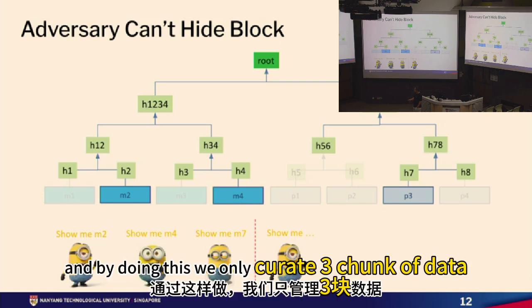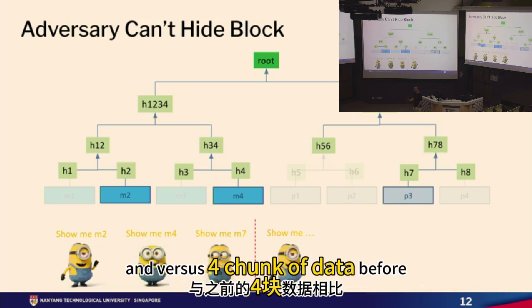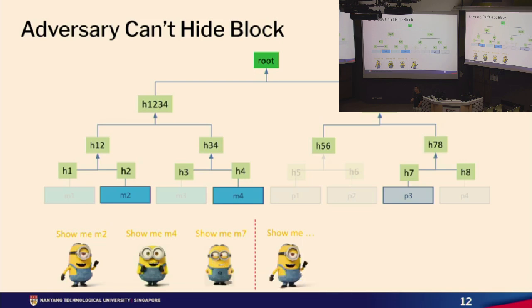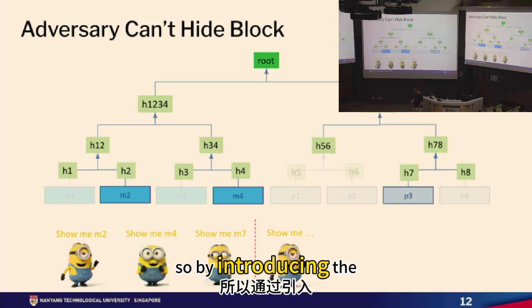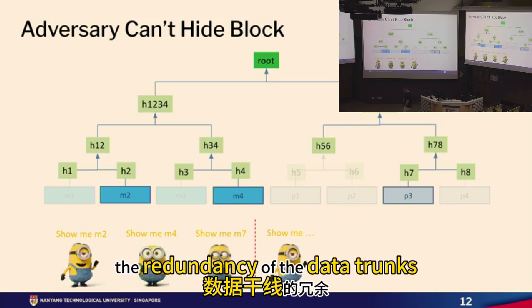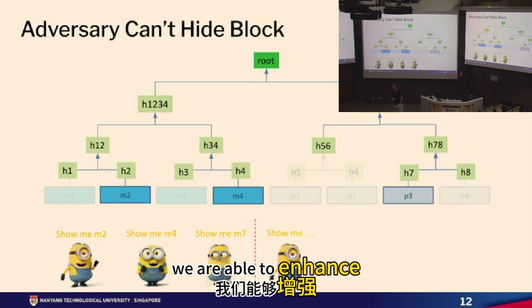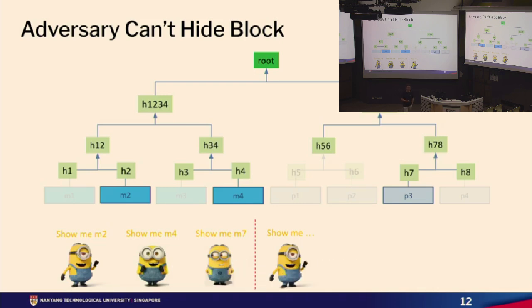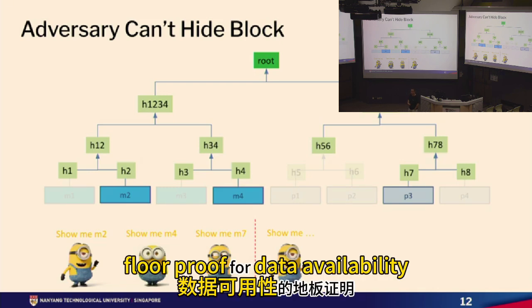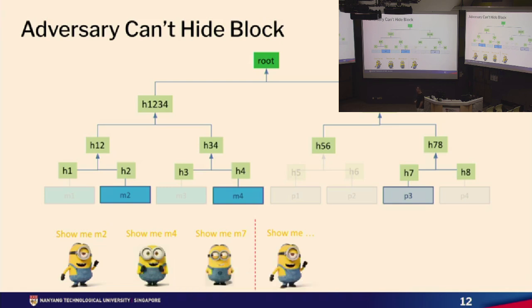And by doing this, we only query 3 chunks of data versus 4 chunks before. So by introducing the redundancy of the data chunks, we are able to enhance the fraud proof for data availability.